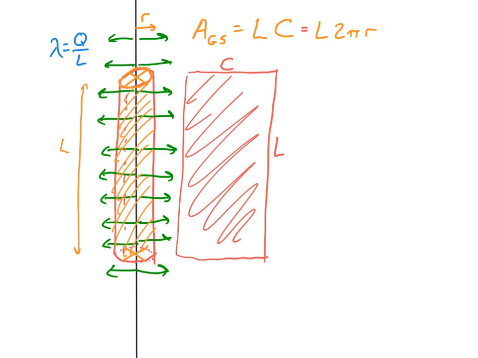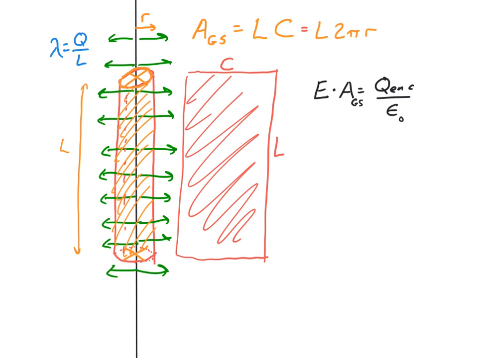Next, Gauss's law. Gauss's law says that the electric field pointing through some area is equal to the charge enclosed by that Gaussian surface divided by the permittivity in that region. And it's going to be free space for our purposes here.